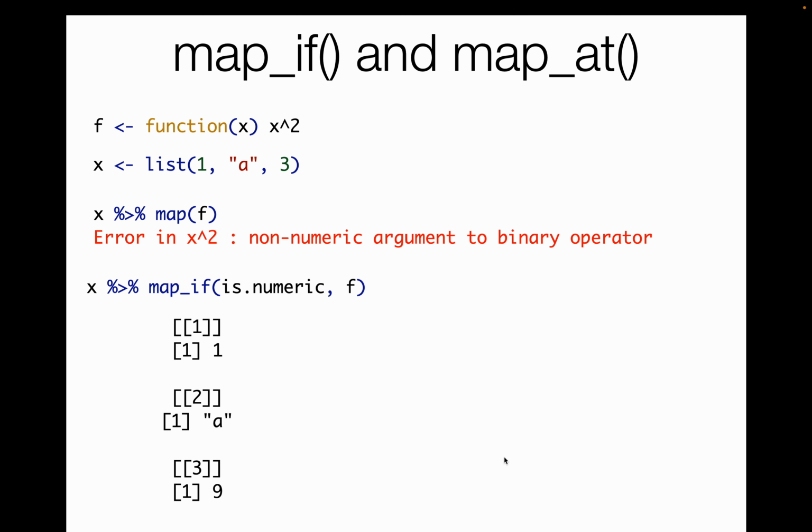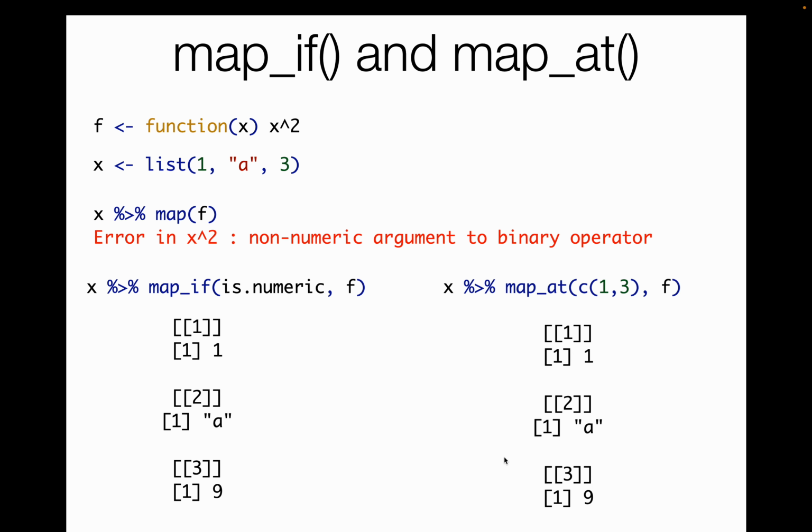So here I'm using a special function, although I don't have the parentheses around it, is.numeric, which checks to see if something is numeric, and says true if yes, false if no. And so I only want to square numerics, so that's helpful for a map_if. Map_at does it by position.